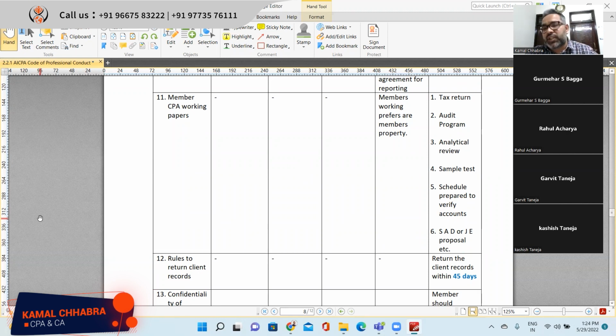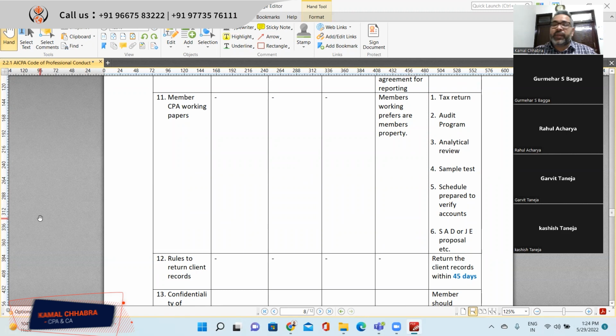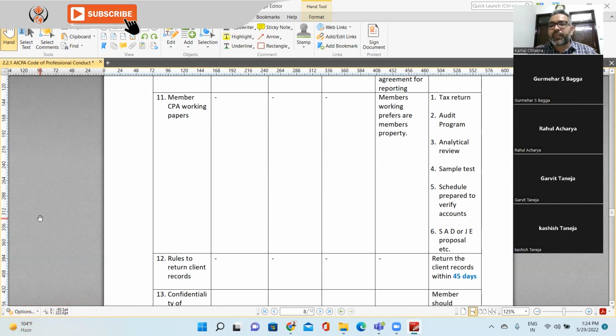Based on the inspection, you have made your own work paper of what you have verified, the physical verification work paper of the inventory count. Schedules prepared by the accounts department which you have used for audit purposes, SAD, proposed journal entries. All these are examples of CPA work papers, and they are your property. It is not management property. You are not required to give these documents back to the management. Make sense?